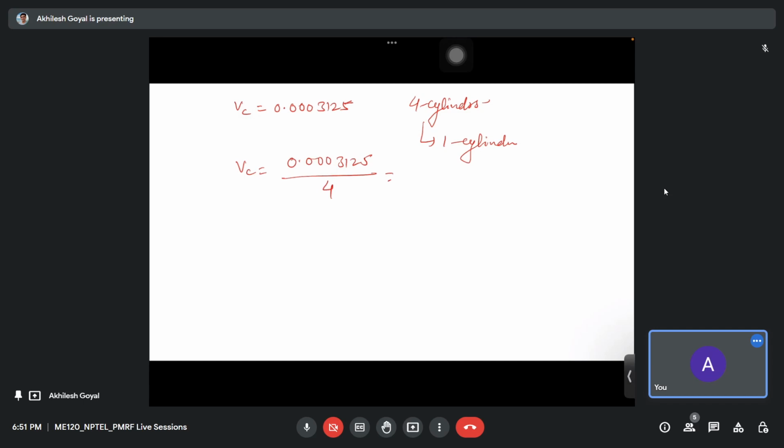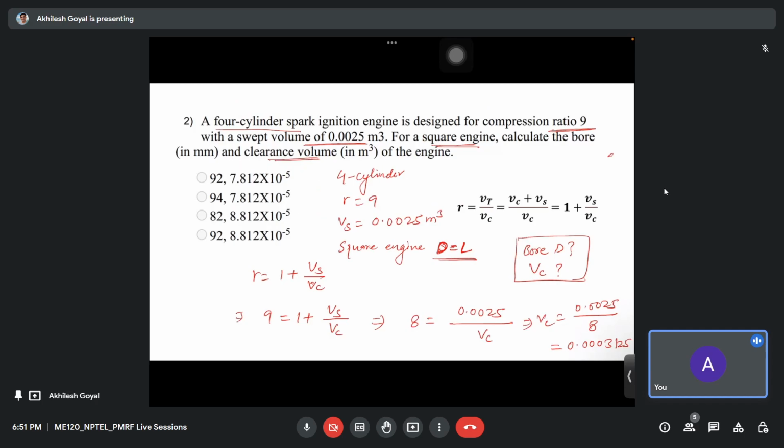This value comes as 7.81 into 10 raised to the power minus 5 meter cube. This is the clearance volume of the cylinder. Here two things were asked: the clearance volume that we got, and the second is the bore diameter.